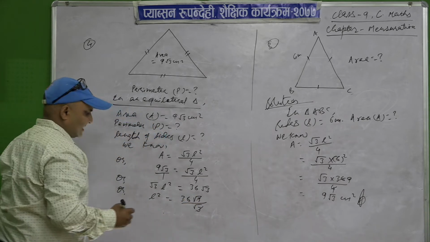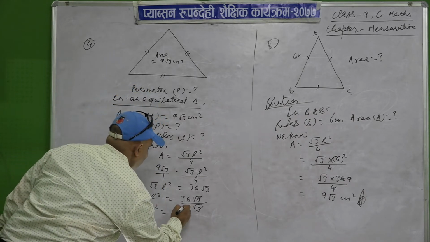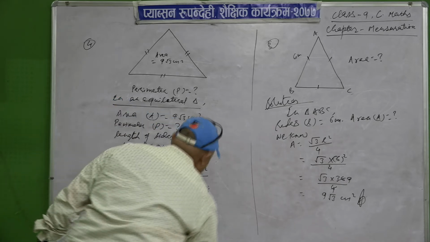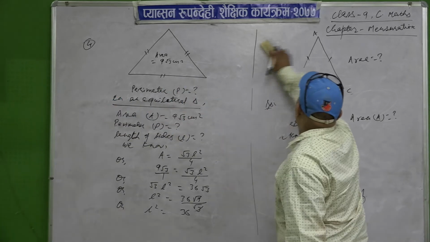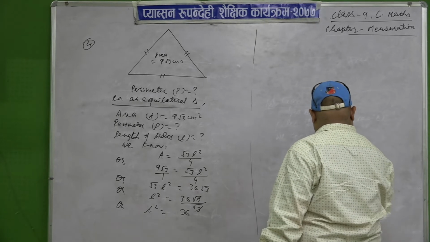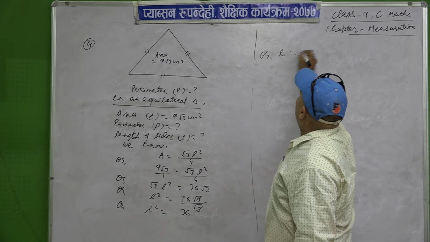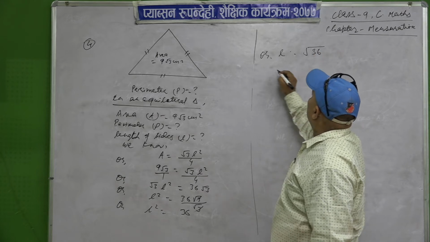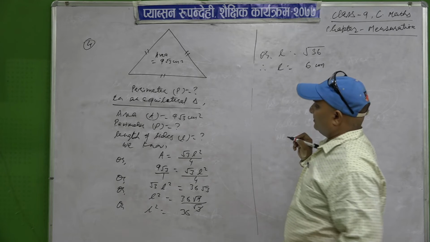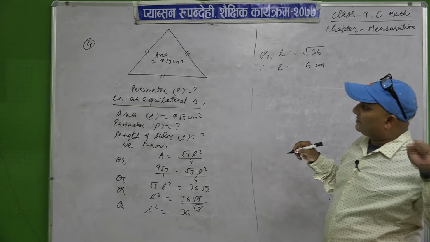Root 3 will cancel, so L square is equal to 36, and L is the square root of 36. Therefore L is equal to 6 centimeter. This is the length of the side of the equilateral triangle.